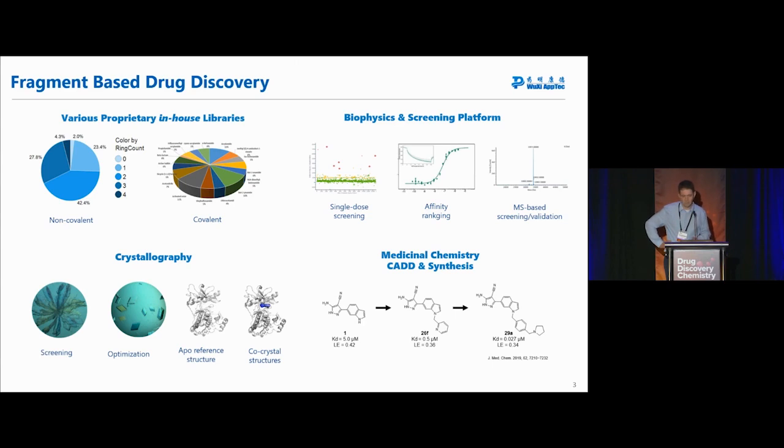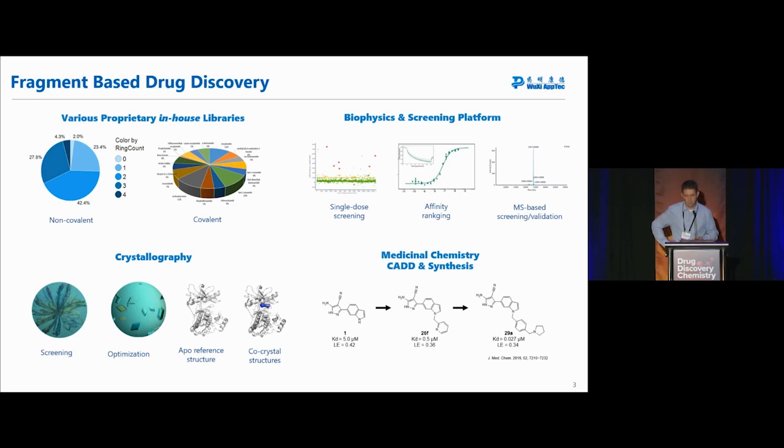So for non-covalent fragment screening, we mainly use SPR and MST, while for covalent fragment screening, mass spec, of course, is typically the method of choice. Nevertheless, we have run covalent fragment screening by MST in the past pretty successfully, but mass spec is a more direct method.